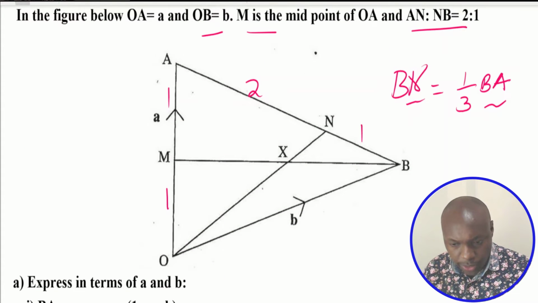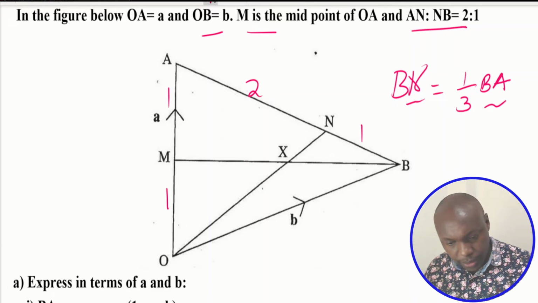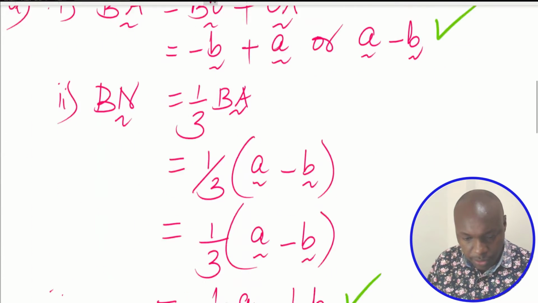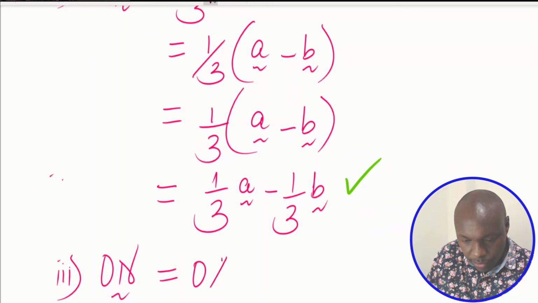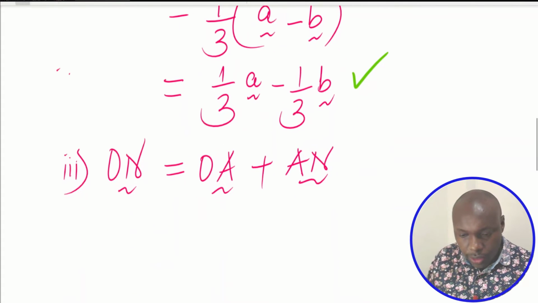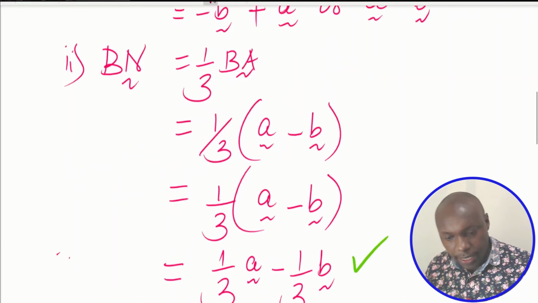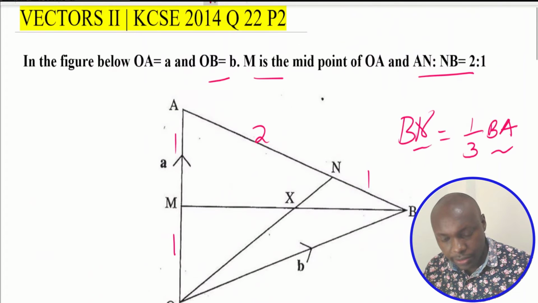To move from O to N, we follow this direction, O to A, then A to N. So ON is given by OA plus AN. OA is given by vector A, then for AN we need to look at this ratio.